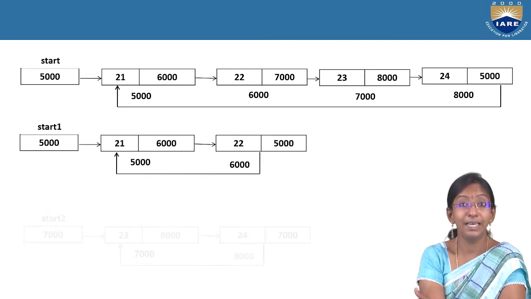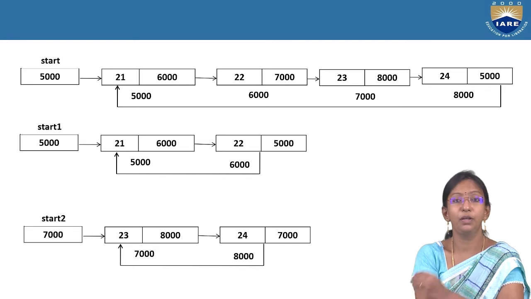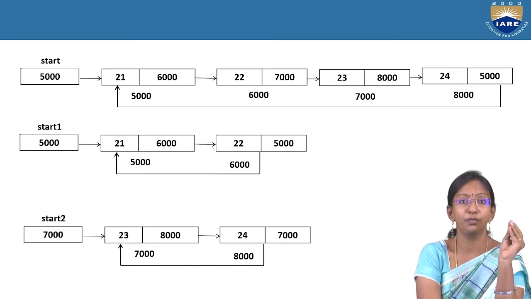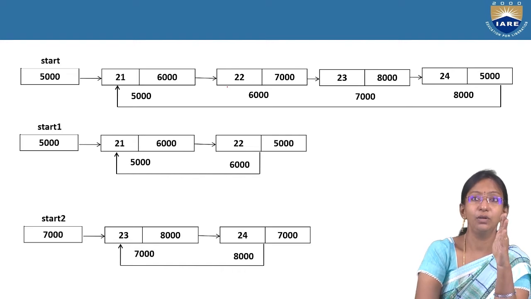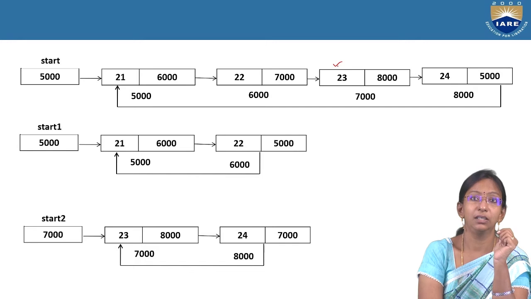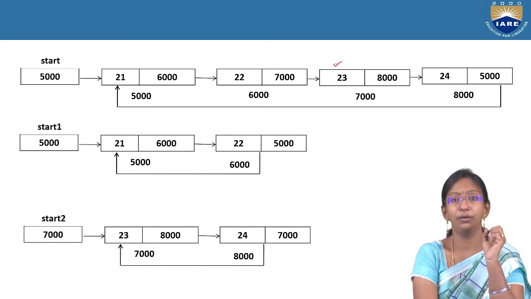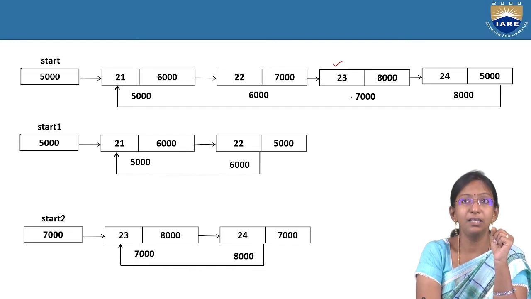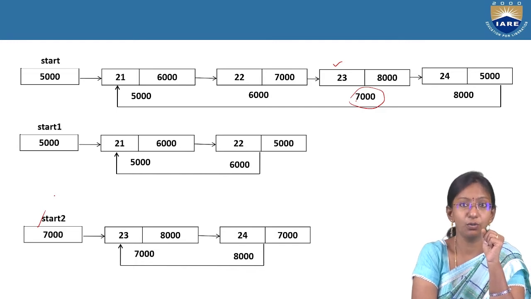Whereas the second half of the list is a new beginning. It will hold the address of the first node of the second half. Have a look. The second half starts with the node 23. Am I right? It starts with the node whose data is 23 and its location is 7000. So start 2 will hold the value 7000.